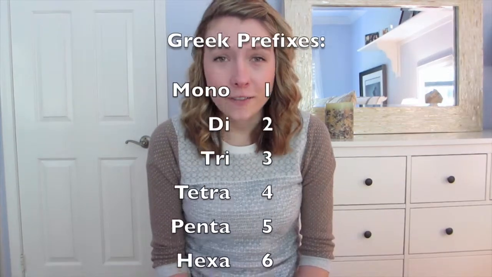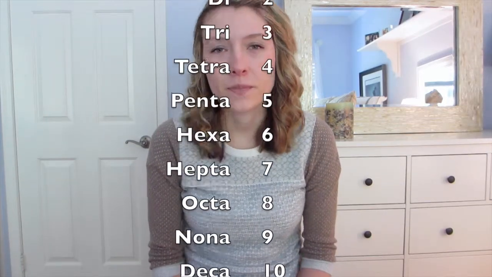And you can see here in the chart that there are 10 of them. This is how we indicate how many of the element we have in the compound. So in dinitrogen trioxide, we have 2 nitrogens and we have 3 oxygens. Now when you see that word oxide, it sounds something like oxygen, but it's been modified, right? There's an IDE on the end.